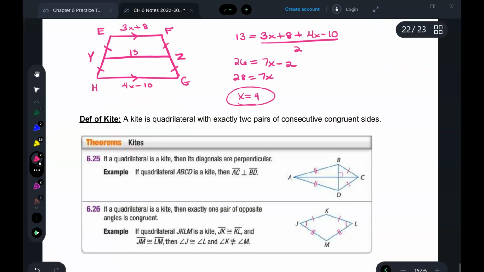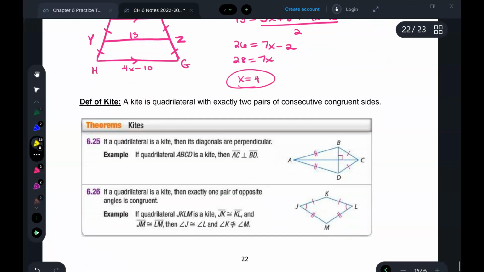Kites. All right, last figure. A kite is a quadrilateral with exactly 2 pair of consecutive congruent sides. It makes 4 triangles if you think of a traditional kite, which is an actual geometric figure.